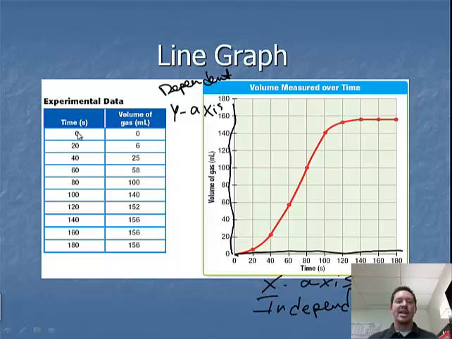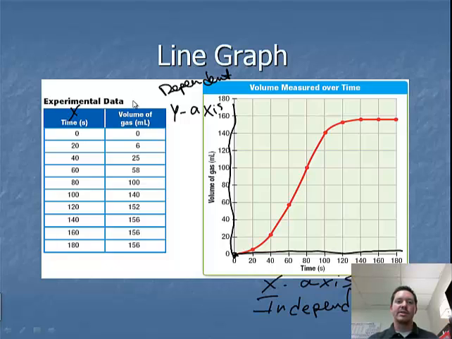We had this data and we plotted it. We started at 0, 0, so that's plotted down here. Then at time 20 seconds, volume 6, that was represented here, and so on. You can think of this as our x and y.